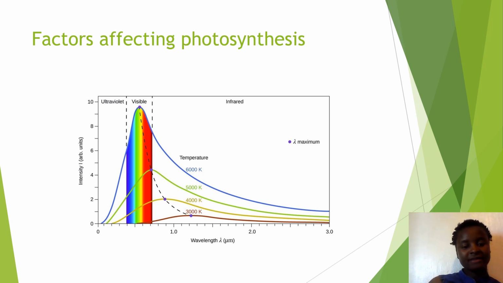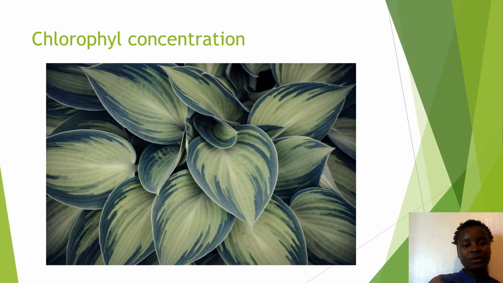And then we have the second factor, which is chlorophyll concentration. Remember, even in the definition of photosynthesis, we are saying that this is a process whereby green plants manufacture their own food. So when we have a variegated leaf like this, a very colorful leaf where some areas are white or yellow and few areas are green, only the green parts of this leaf are going to photosynthesize.